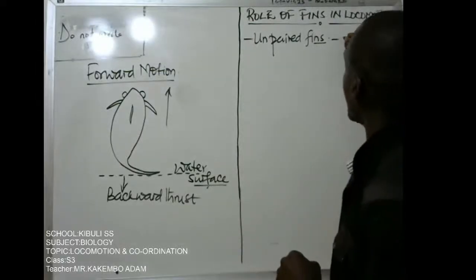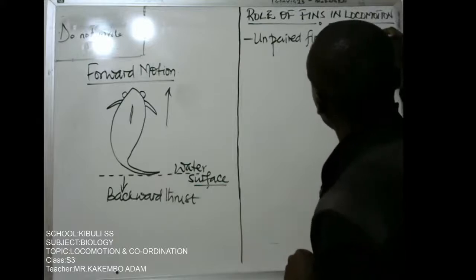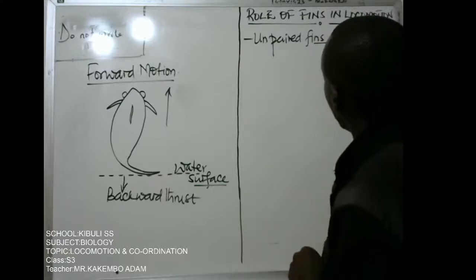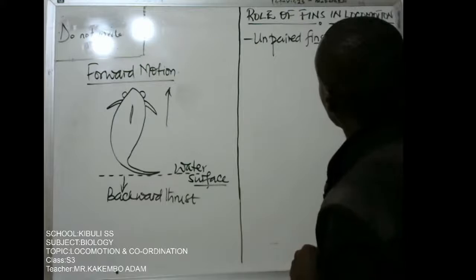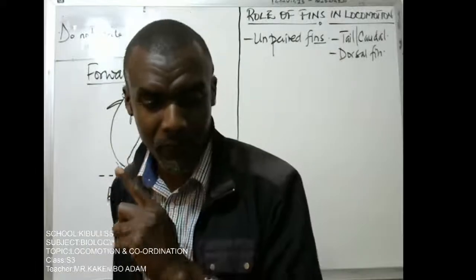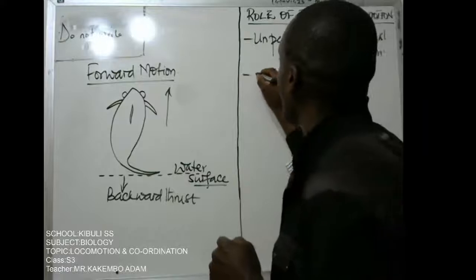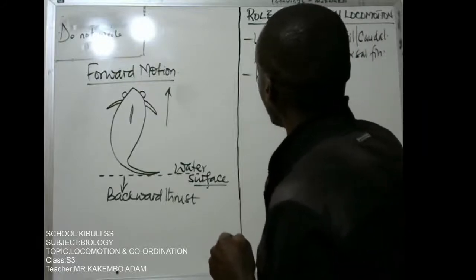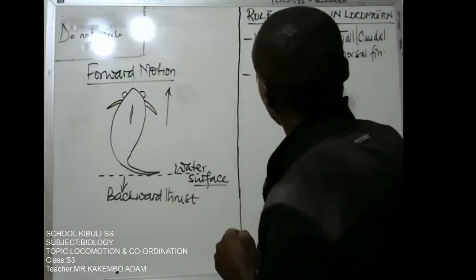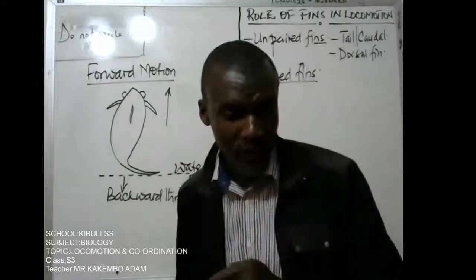We have, for example, the tail fin, also known as the caudal fin, and the dorsal fin. These two are unpaired. They occur as one from the body of the fish. Then we shall also look at the paired fins, the ones that occur in twos.